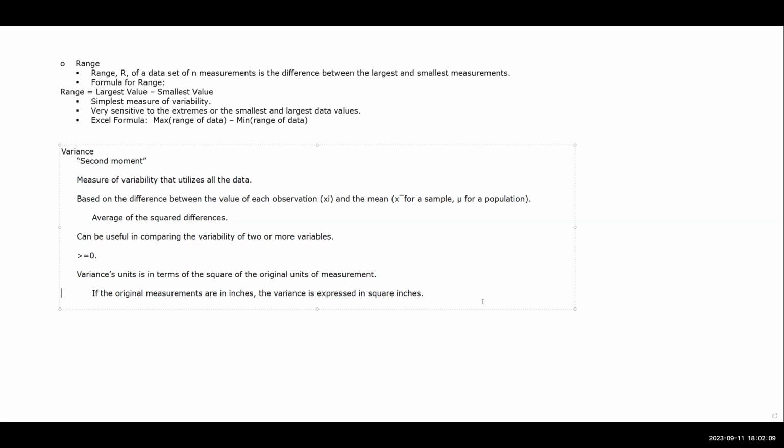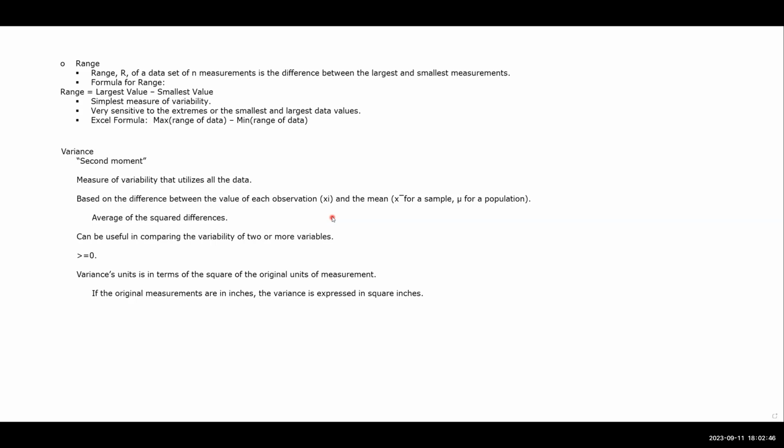Okay, variance. It's sometimes called the second moment. First moment is actually the mean. It's a measure of variability that utilizes all of the data. This is the measure of variability that most people will depend on. Well, actually, it's the standard deviation, which is the square root of this. And variance is based on the difference between the value of each observation and the mean, the sample mean or the population mean.